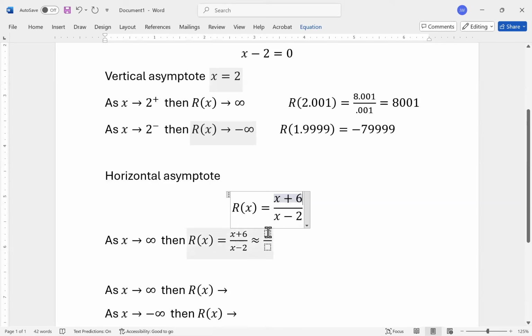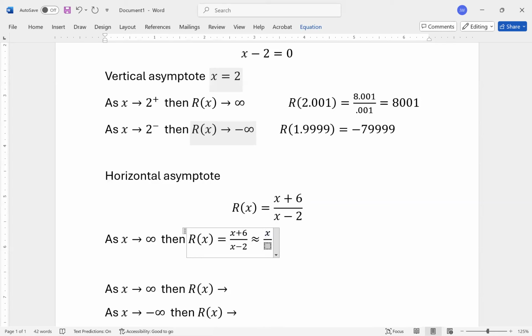So as x gets really, really big, what my rational function does is it behaves like the leading terms. Well, the leading terms are just x and x. So my rational function behaves like x over x, which is 1.